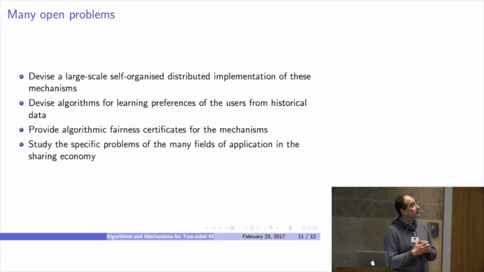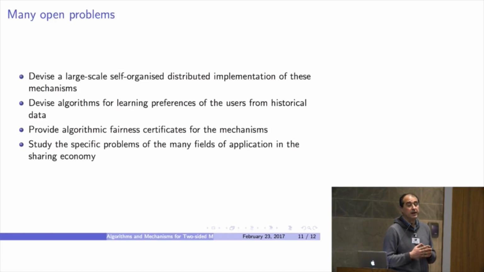Another is to devise algorithms for learning the preferences of the users from historical data, because the statistical information is fundamental if we want to run mechanisms that don't ask the players to reveal their own private information. Then we would like these mechanisms to be fair, to not be biased.